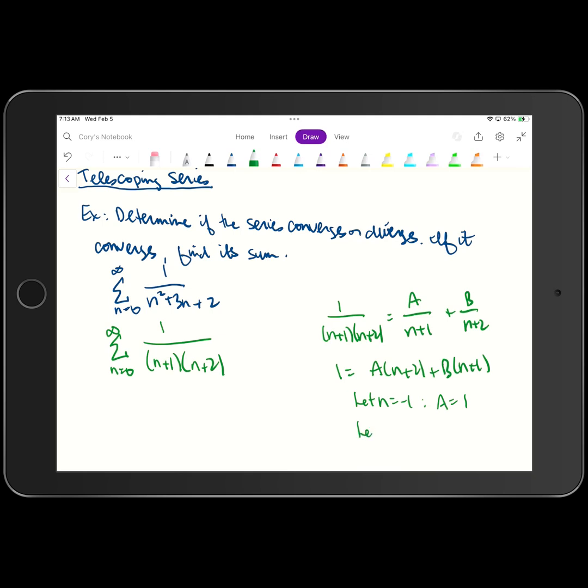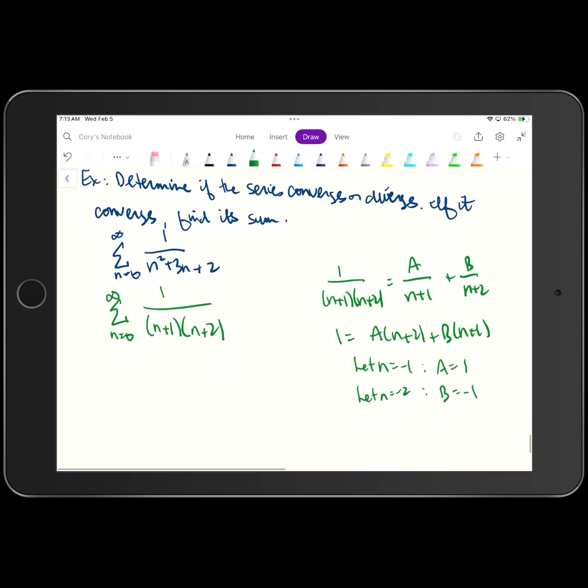If we let n equal -2, that's going to make b equal -1. So I can rewrite this sum then as the sum from 0 to infinity of 1 over n plus 1 minus 1 over n plus 2.